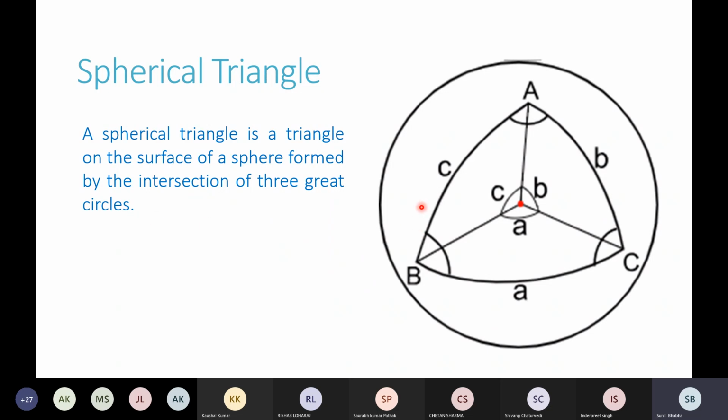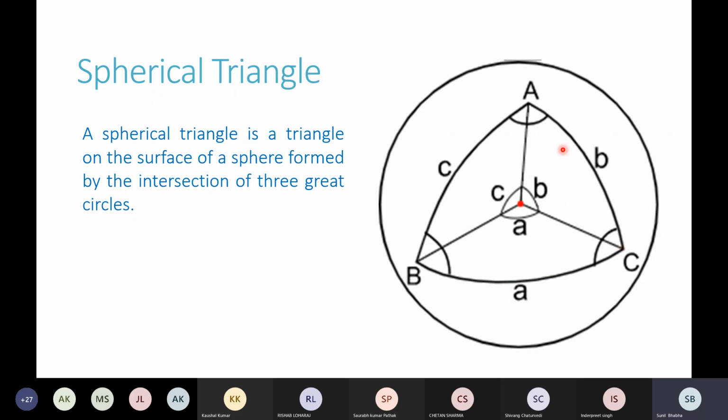Now, as you can see in this particular diagram, we have a triangle being formed on the surface of a sphere. This is a 3D diagram, and you can see this triangle being formed, A, B, C. Now, this triangle is being formed on the surface of a sphere. That's number one requirement for a spherical triangle.